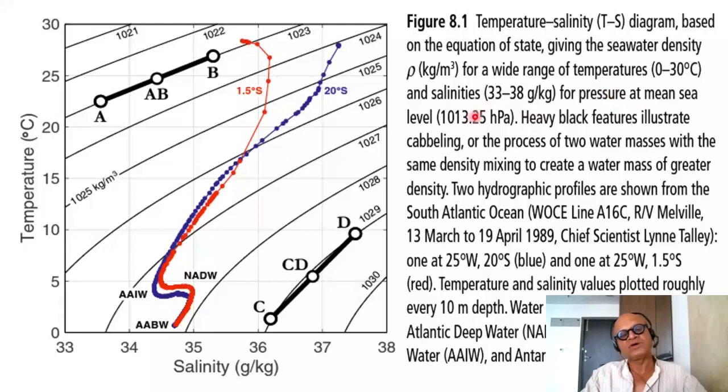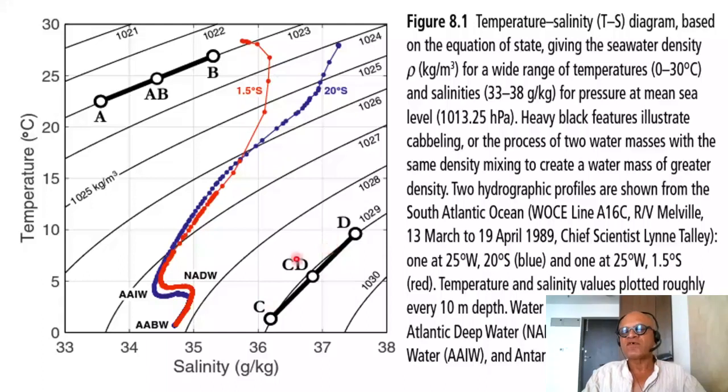So even though we mostly assume ocean water is incompressible, there is a pressure dependence, especially the salinity dependence coefficient and temperature coefficient for density are not independent of pressure. The heavy black features illustrate cabling, or the process of two water masses with the same density mixing to create a water mass of greater density.